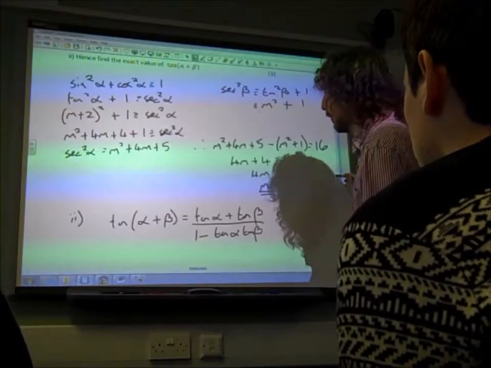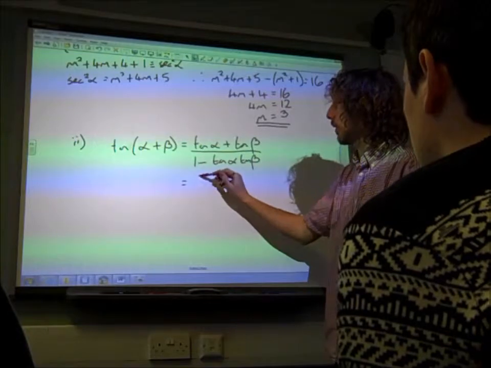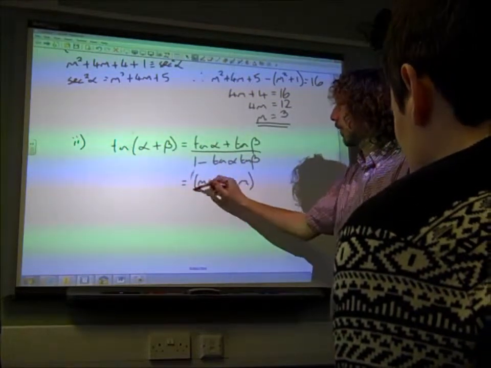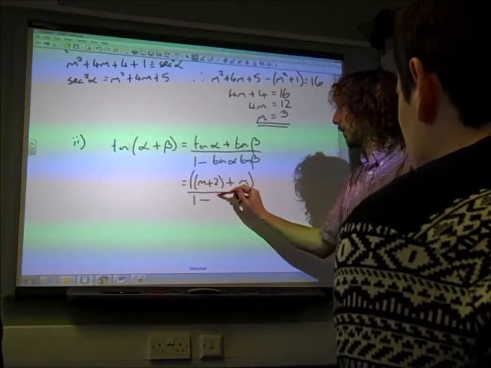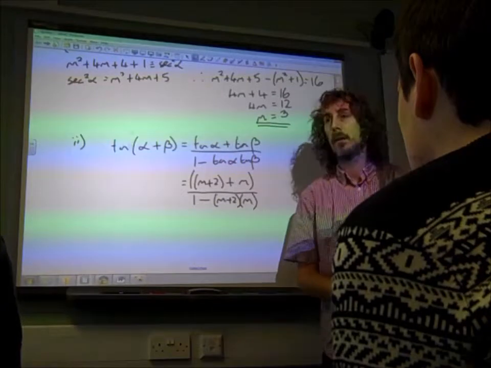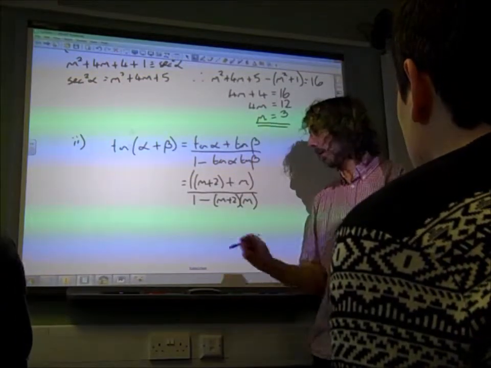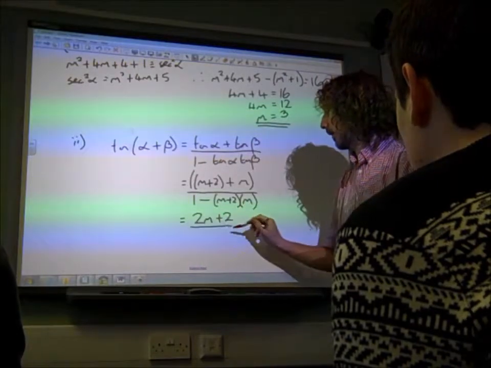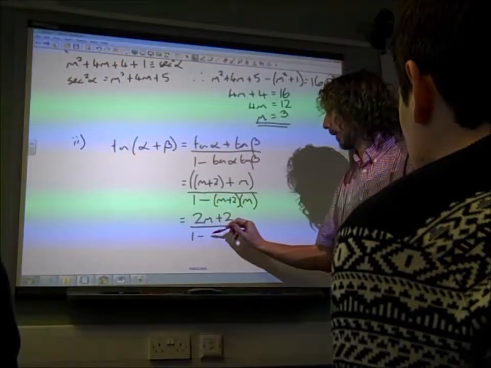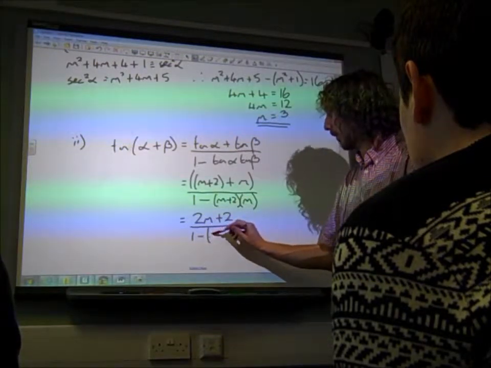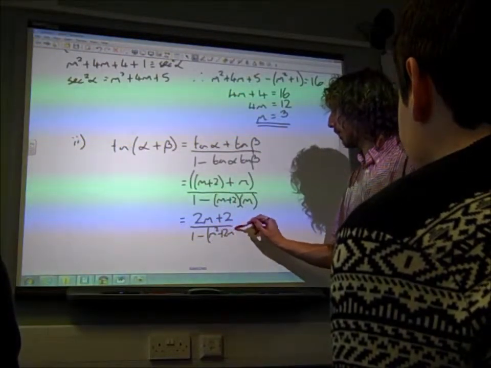So tan alpha is m plus 2, tan beta is m. On the bottom line we've got m plus 2 times m. We don't really need it in terms of m, but I'm doing it in terms of m.